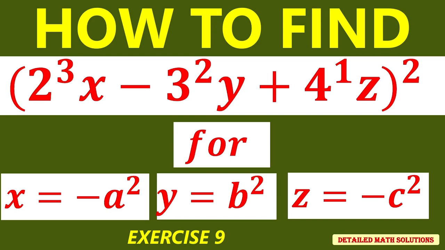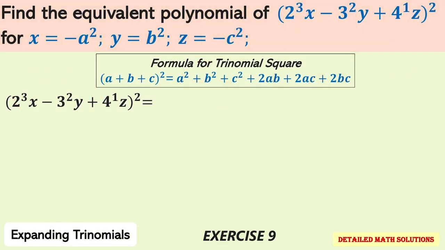In this video I'm going to write step by step how to find the equivalent polynomial of the trinomial square displayed on the screen for x equals negative a squared, y equals b squared, and z equals negative c squared. To solve this exercise, I'm going to use the formula for trinomial square, (a plus b plus c) squared.